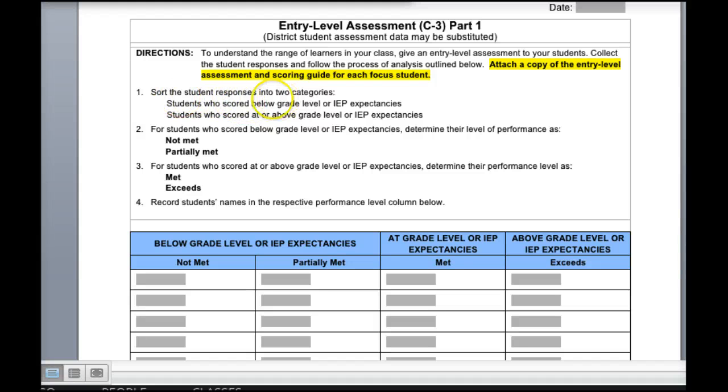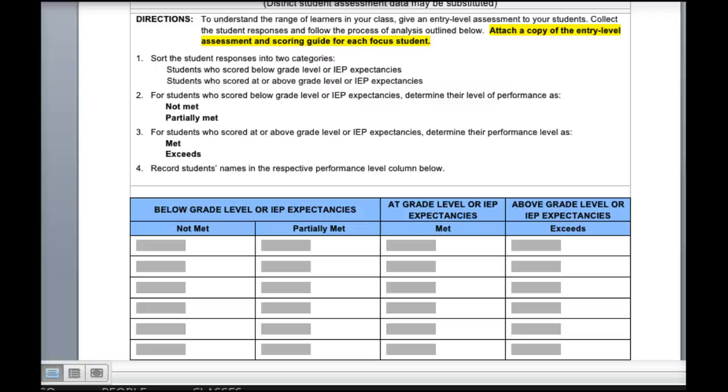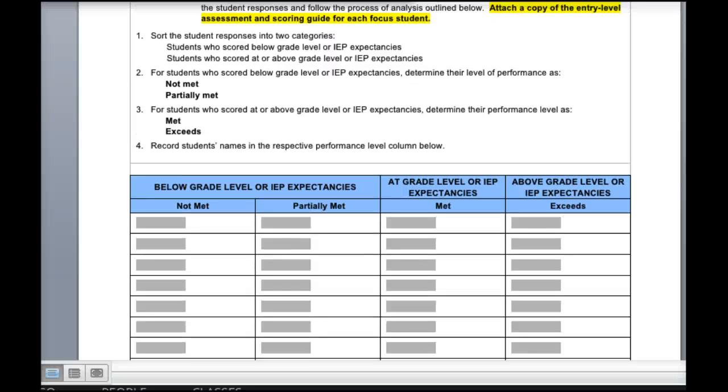The directions here say sort the student responses into two categories: those who scored below grade level or IEP expectations, and the students who scored above. You then want to break them down further. Remember, we're not scoring the students, we're scoring their student work, and this is prior to any instruction in this particular content, knowledge, or skills and abilities.